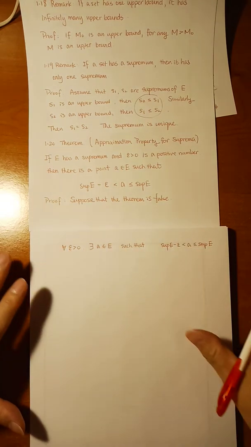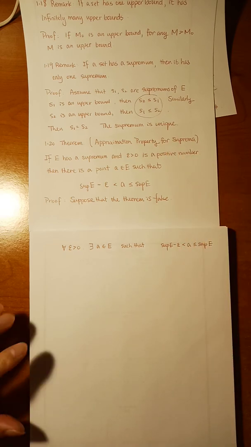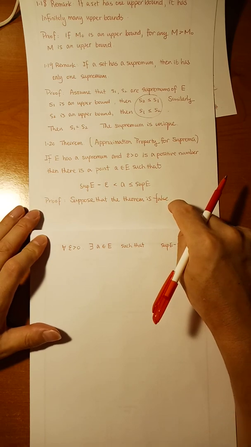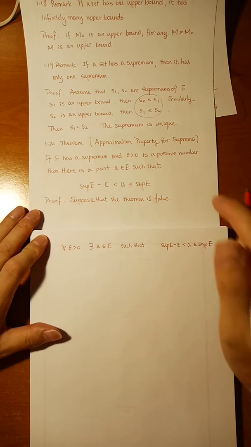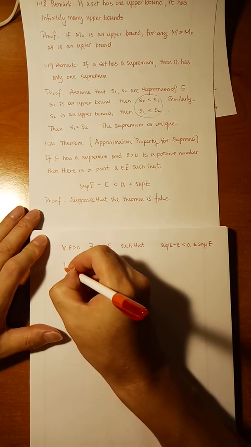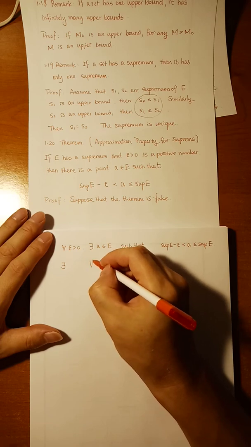Okay, so that's the meaning of this theorem. Now, if we claim this theorem is false, then whenever you see for all, you change it to there exists. Whenever there exists, you change it to for all.